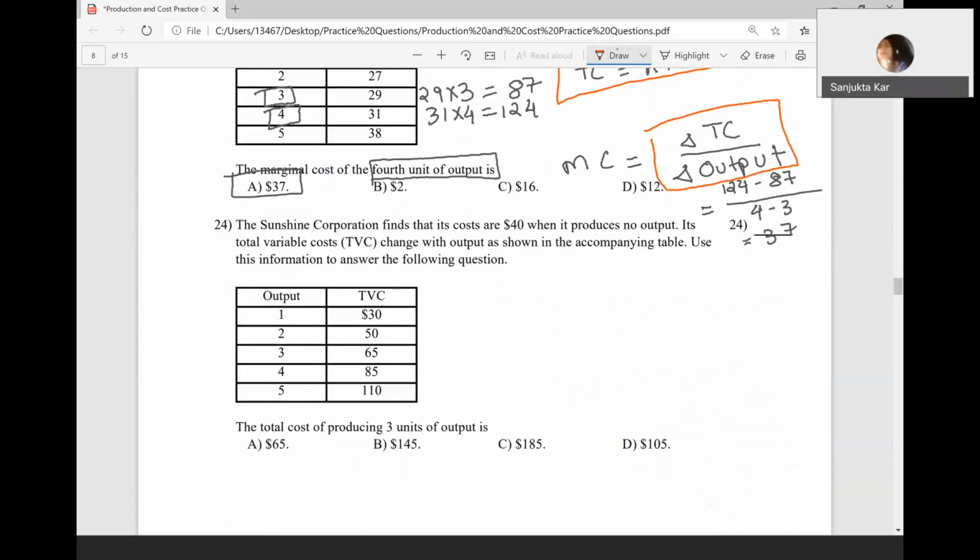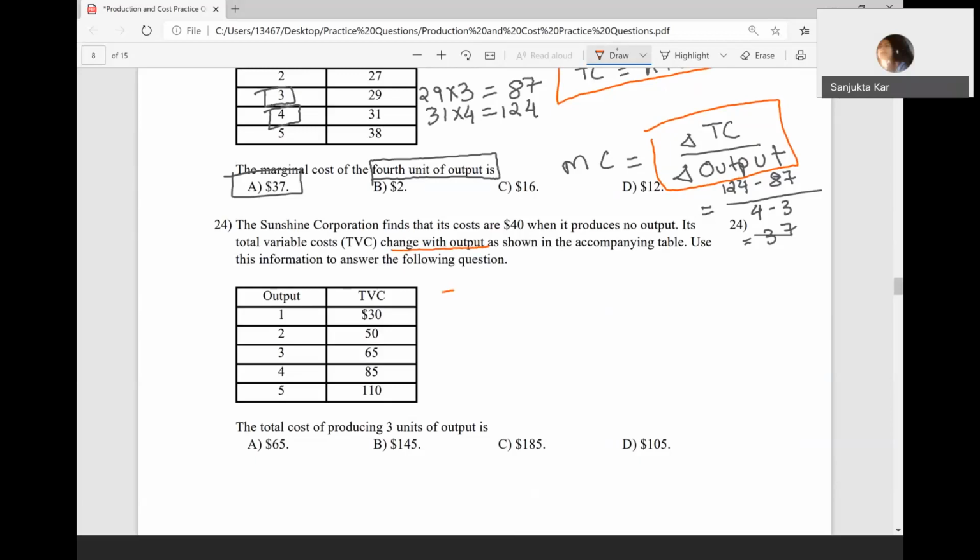Now take a look at question number 24. Sunshine Corporation finds its total cost is $40 when it produces no output. Then the total variable cost changes with output level.